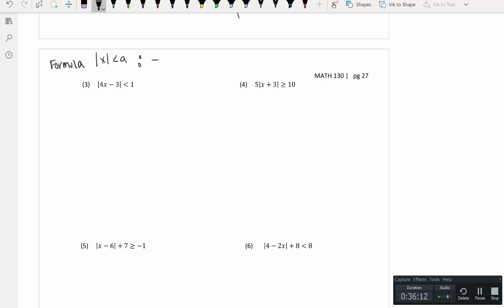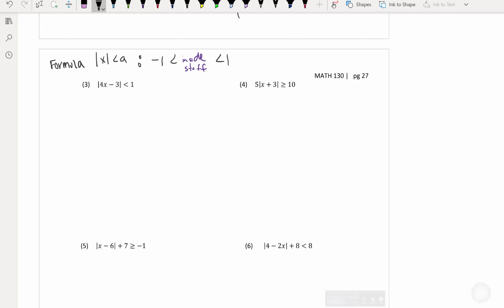So it's going to be negative 1 less than the stuff inside the absolute value, so maybe I'll just write the inside stuff, and it's going to have my positive 1. Now the inside stuff, that's that 4x minus 3, and I have my positive 1.